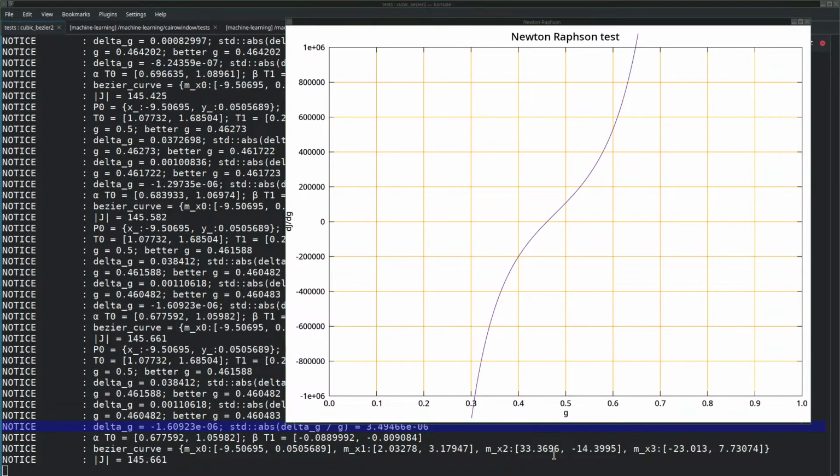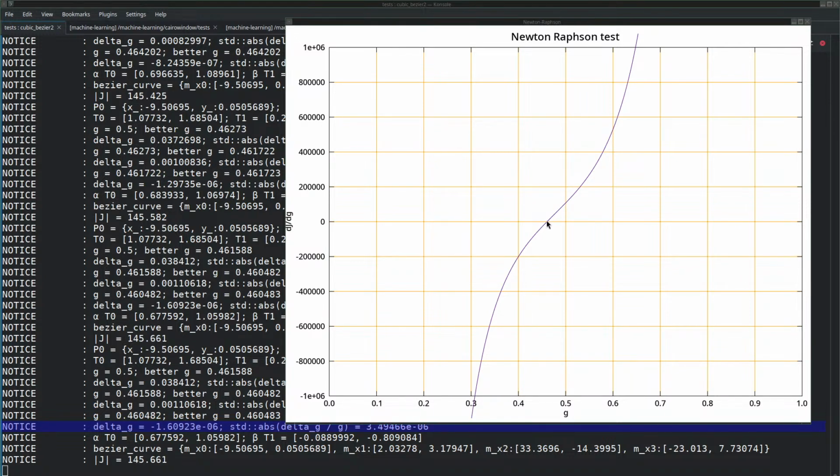If you look at the sign, okay, so the sign of the first derivative is negative here. And the second derivative is positive, so the signs are different. And because the signs are different, we have to go to the right. And here the signs are equal, therefore we have to go to the left in order to get to the zero here.